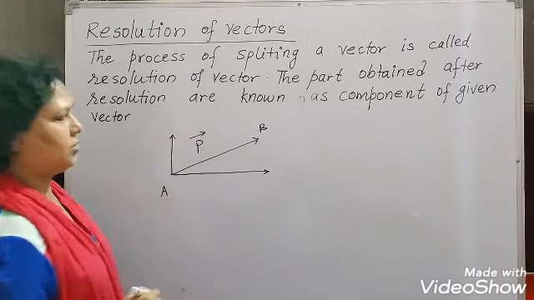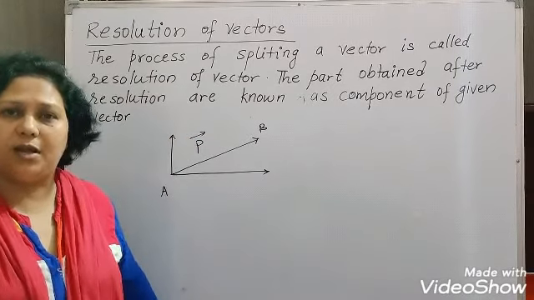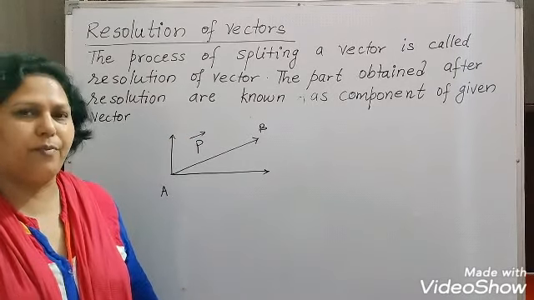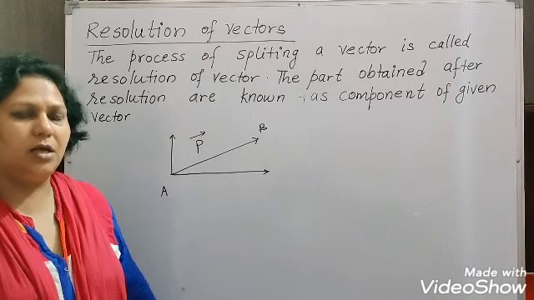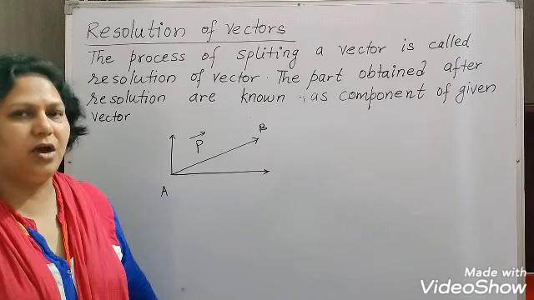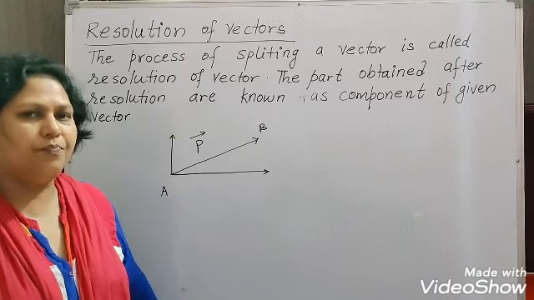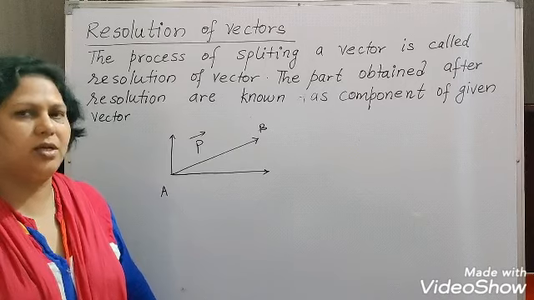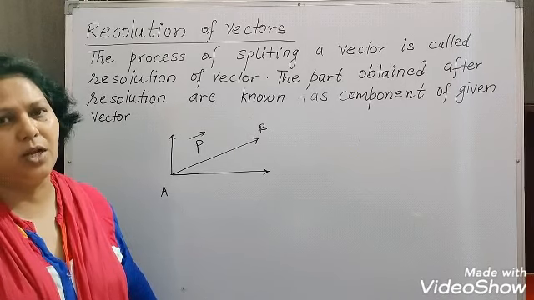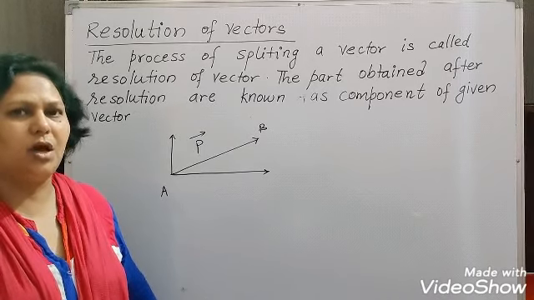How is it so? Because we have already learned in the law of parallelogram that the two vectors which we take as two sides of a parallelogram, the resultant of these two vectors can be represented by the diagonal. So we are just doing the opposite process.